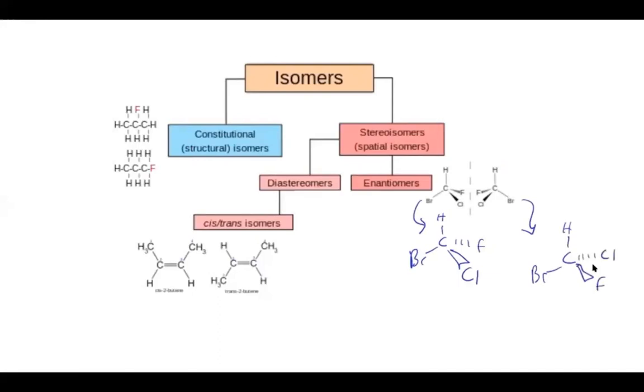So can you see more clearly how this molecule is different from the previous image? These are both a type of stereoisomer that we're going to talk about in just a moment. But for now, you can just tell that they're different molecules. They're not the same.